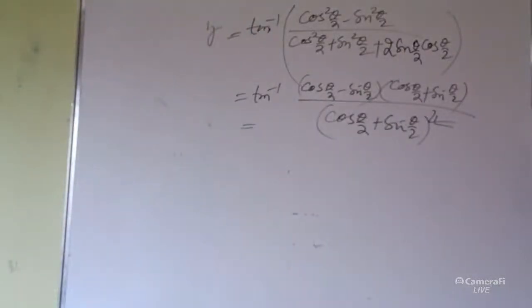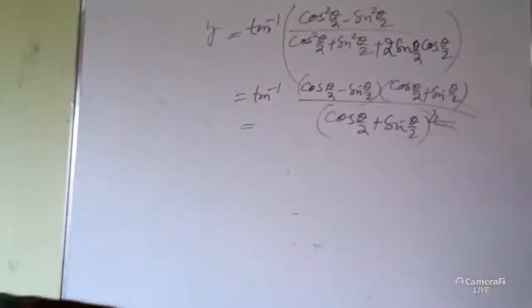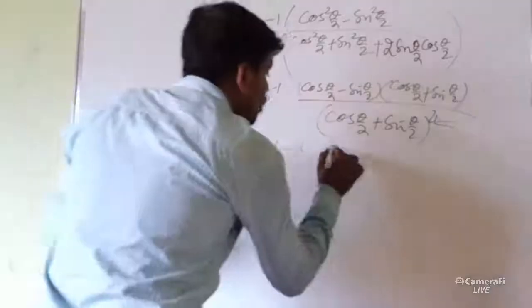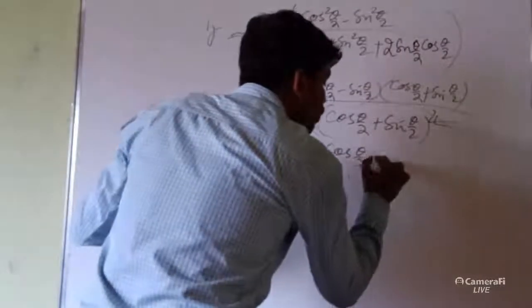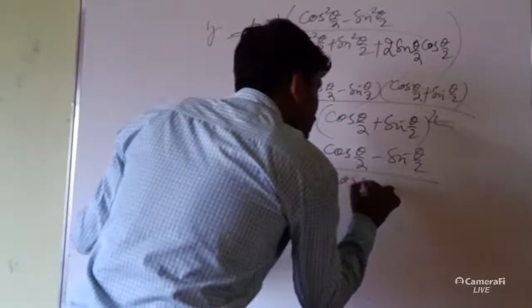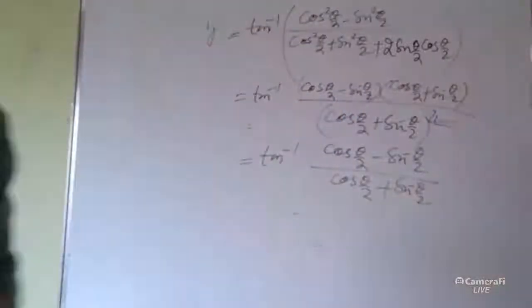Then this cos theta by 2 plus sin theta by 2 is cancelled with that. Now this becomes only tan inverse of (cos theta by 2 minus sin theta by 2) divided by (cos theta by 2 plus sin theta by 2). Okay, any doubt?